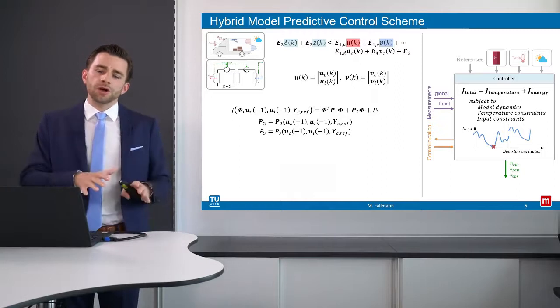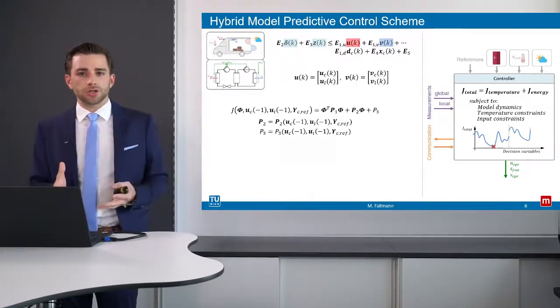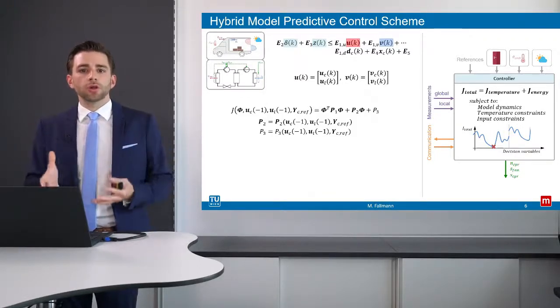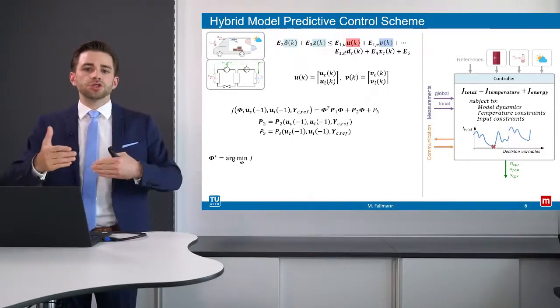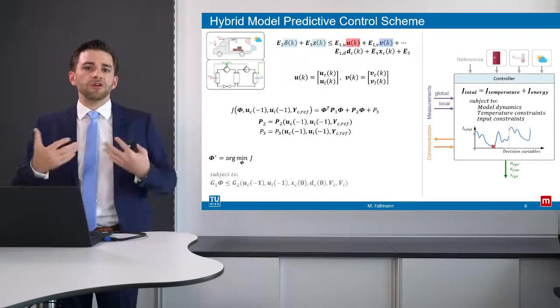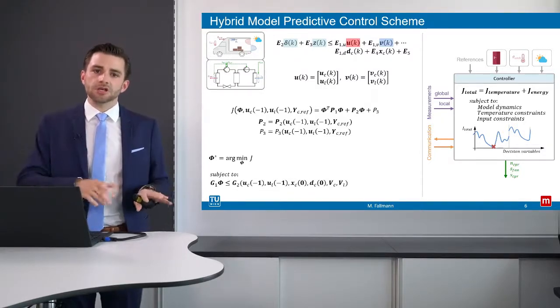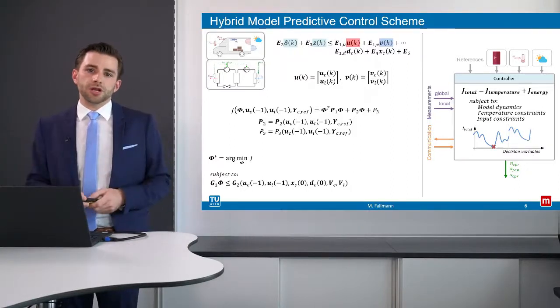Without going into too much detail about how these matrices and the scalar value are constructed, the final optimization problem can be shortly written like that. So we have to minimize J subject to a series of inequalities, and as already mentioned, above all those inequalities incorporate model dynamics, but also some other restrictions, for example input constraints.